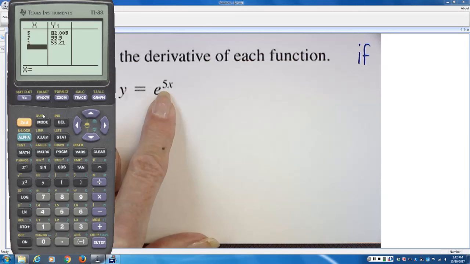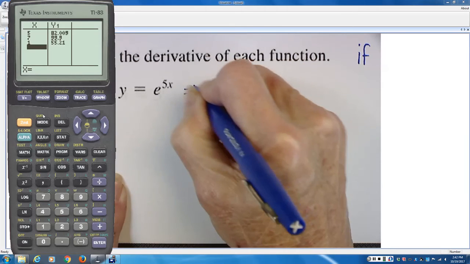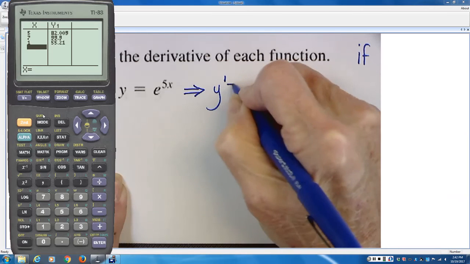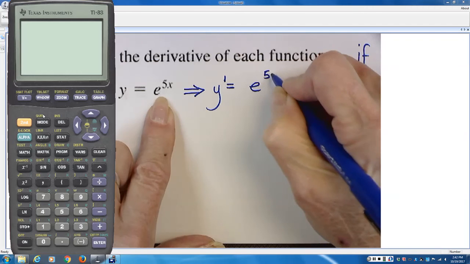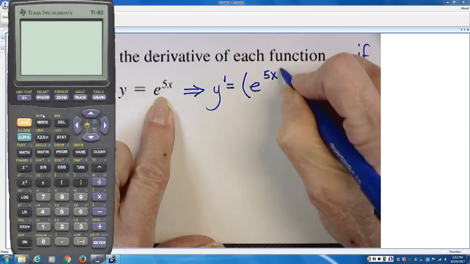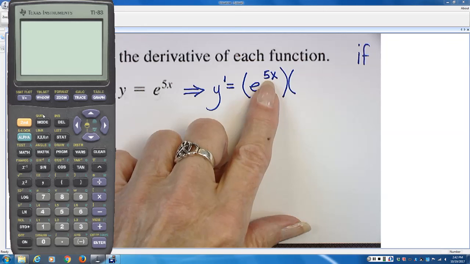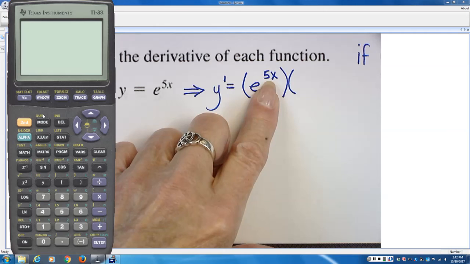So the only thing we have to do to take this derivative, y prime, we know that this is its own derivative. But since its power is a function, we need to take the derivative of its power. And what's the derivative of 5x? 5.